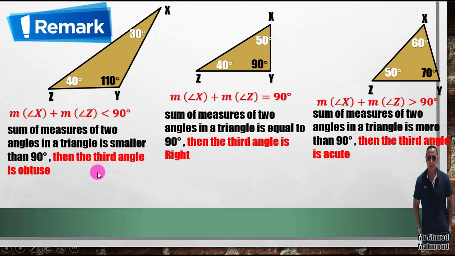Okay, and this is the rule. It's very important. Every time you look at the sum: more than 90 gives me acute, equal to 90 gives me right, less than 90 gives me obtuse. Okay, now let's solve the next question.